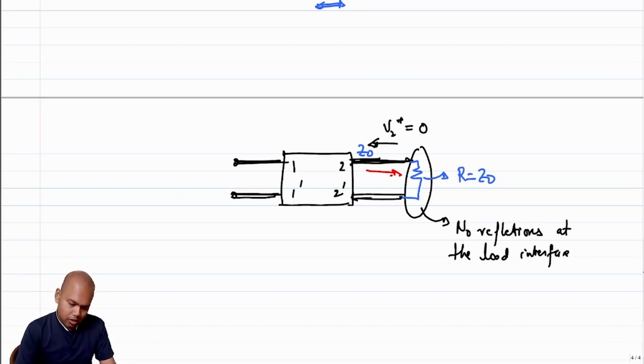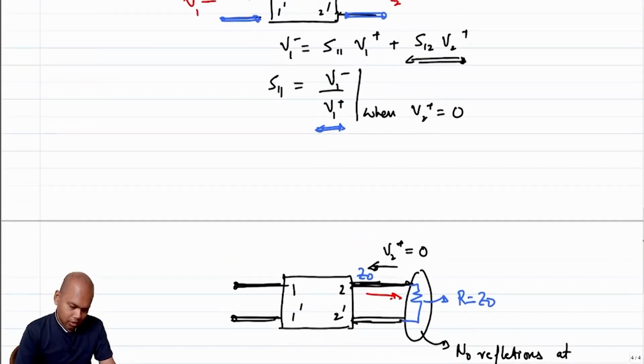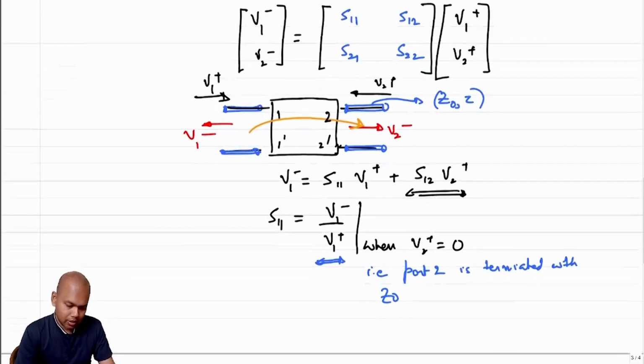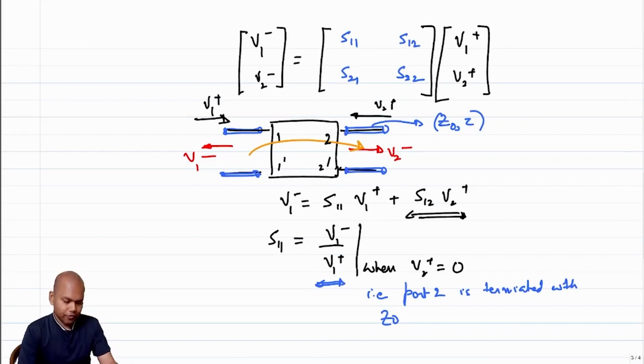So this essentially means that port 2 is terminated with Z0, right? So now, do you see that by definition these S parameters capture our requirement?